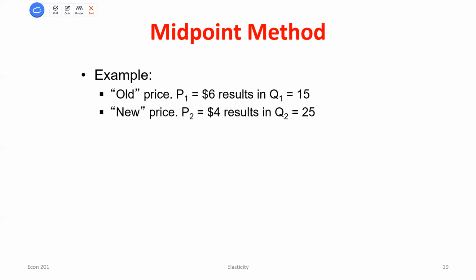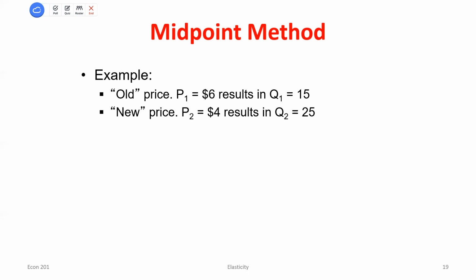That should represent the percentage change in quantity demanded. I do the same thing for price. So I'll take the new price minus the old price, divide that by the average of those two values.